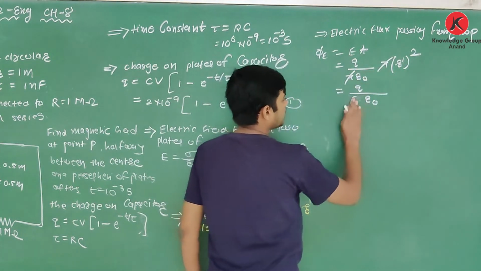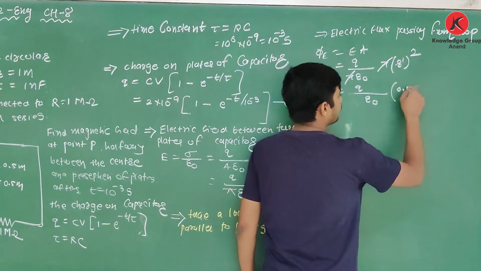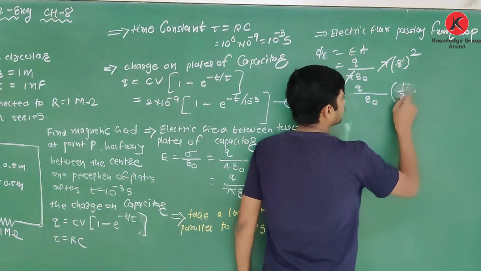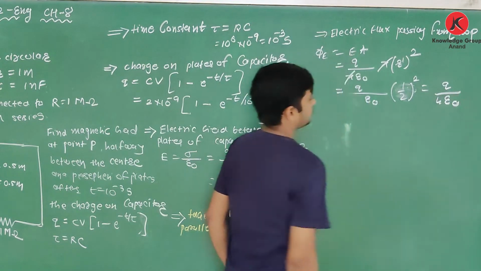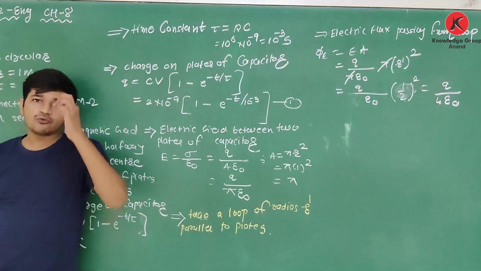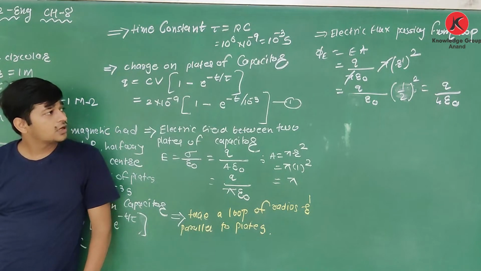This pi cancels, then it is Q upon epsilon 0 into r dash square. R dash is 0.5, whole square, or you can write it as 1 by 2 whole square, which means it is Q upon 4 epsilon 0. Clear about this?